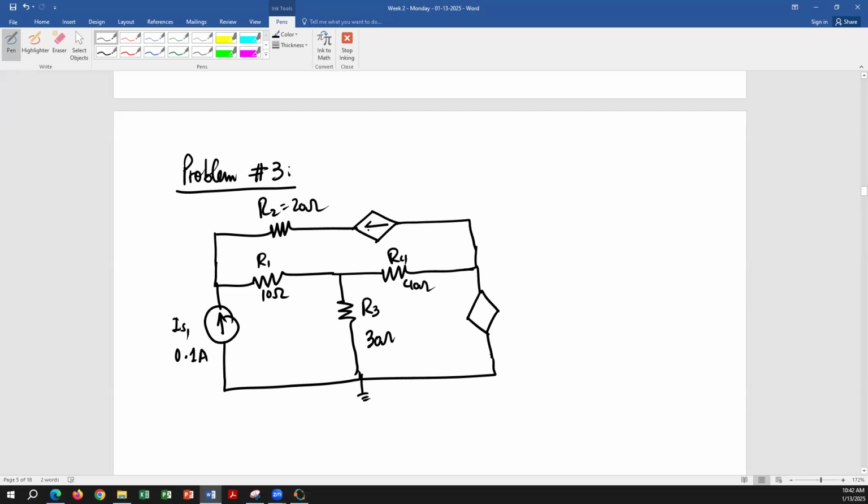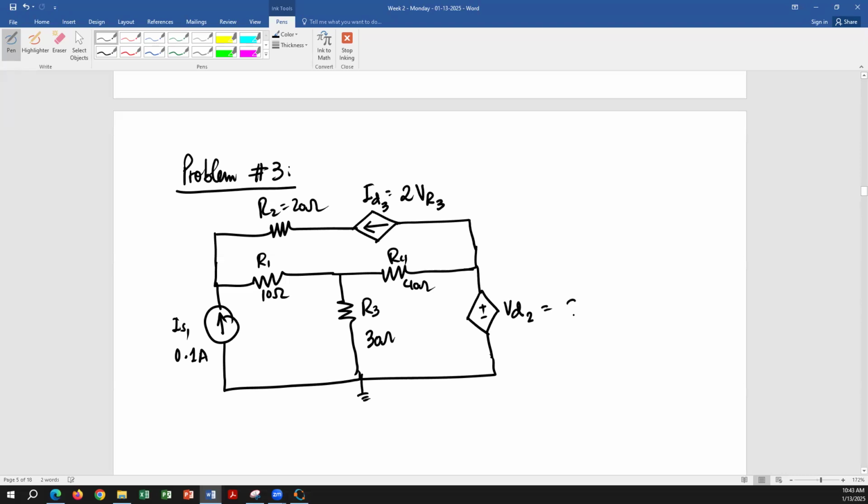And this dependent source is also a current source, 2 times VR3. And this dependent source is a voltage source, VD2. This is ID3.